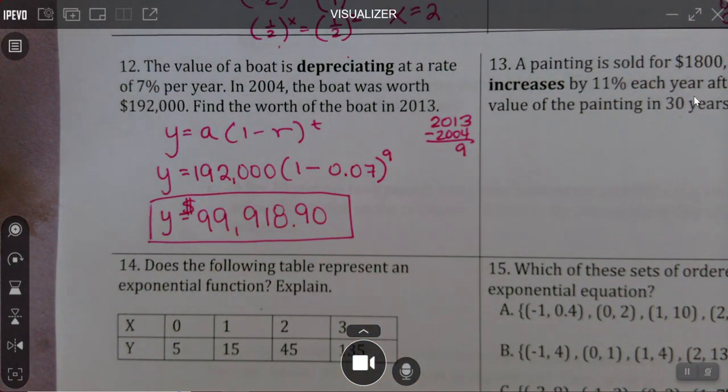No, usually with money, they want those two decimal places. So where did we get lost, and why did people think I was asking for the 9 when the 9's already there? Can we stay focused? Move to the front if you have to.